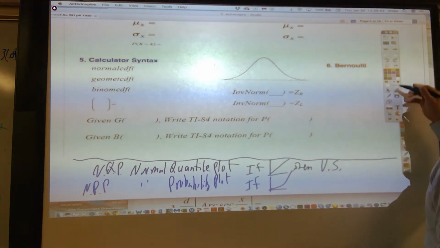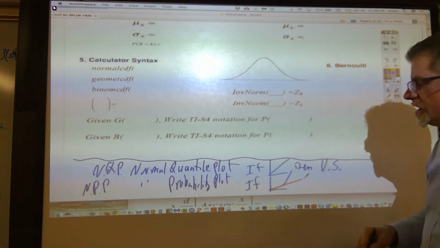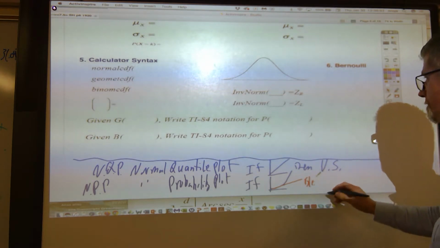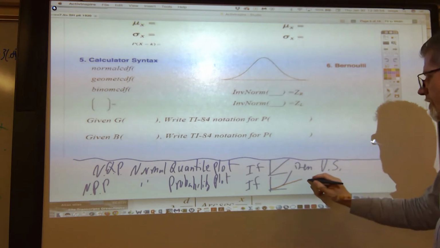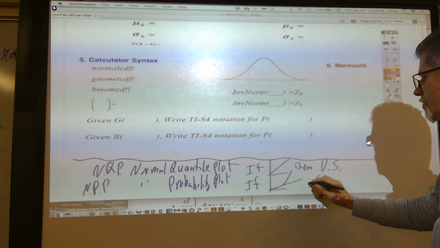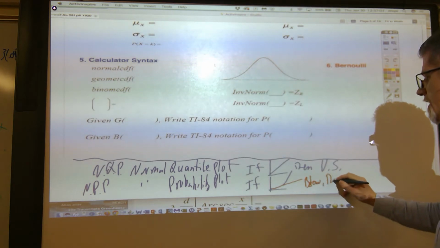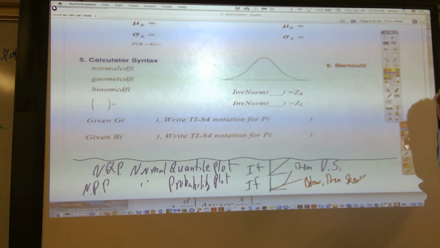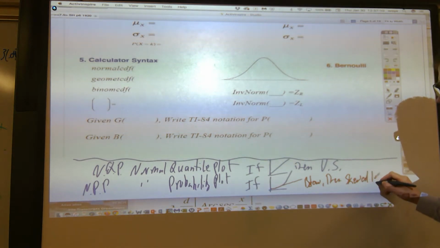And if the string, calculus students would call this a tangent line, is below, if the string ends up below the curve, then the underlying distribution is not symmetric, it's skewed left.